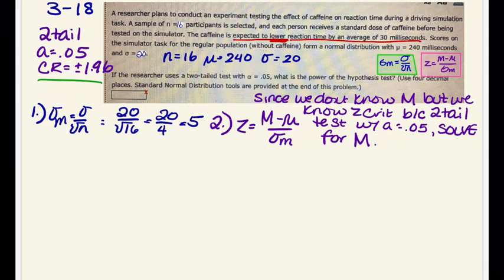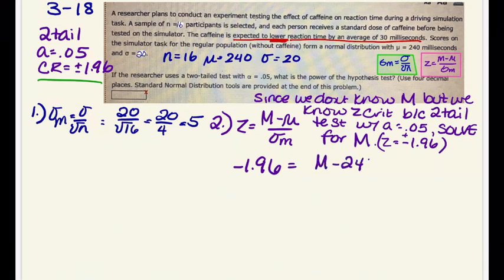We have the population mean and we have the standard error, but we don't know what the sample mean is, so we're going to have to solve for m. Since our hypothesized population mean is expected to be lower, we're going to start with our negative value for our Z critical, which is negative 1.96.